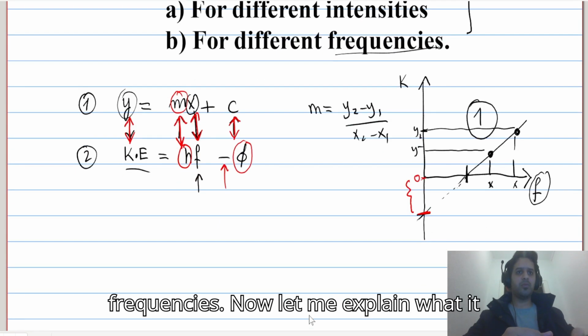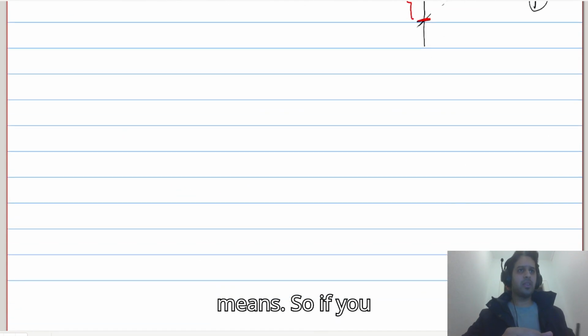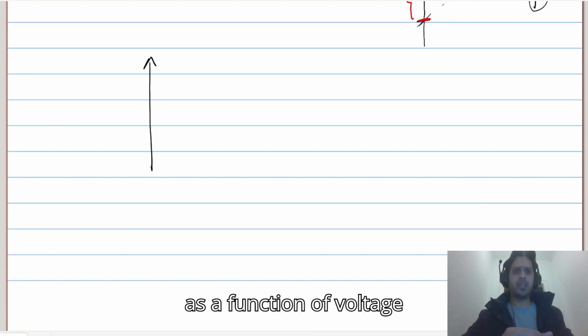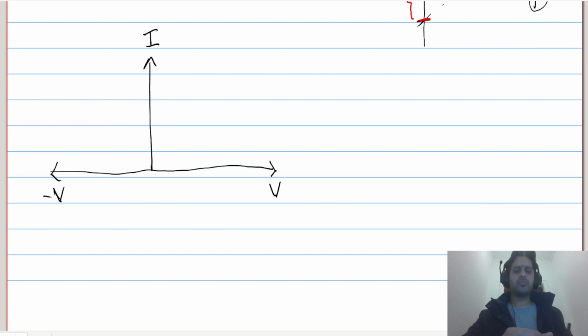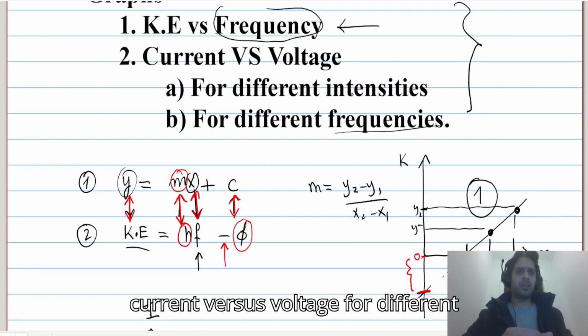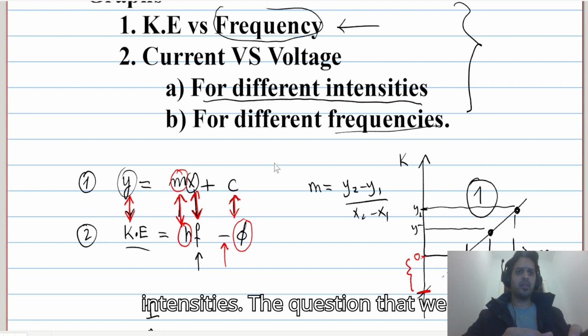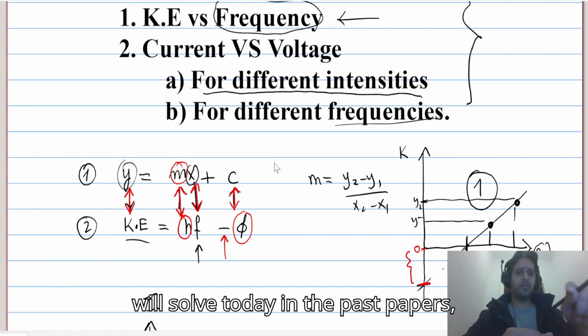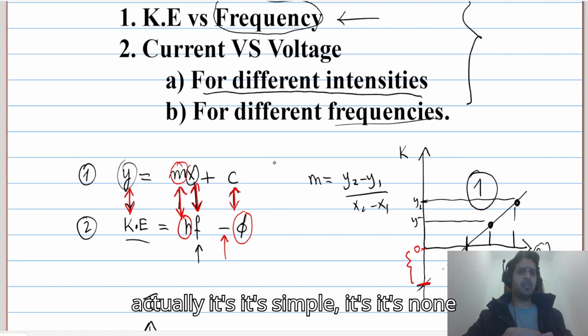Now let me explain what it means. So if you just plot current as a function of voltage, let's focus on the first type, okay? Current versus voltage for different intensities. The question that we will solve today in the past papers, actually it's simple.